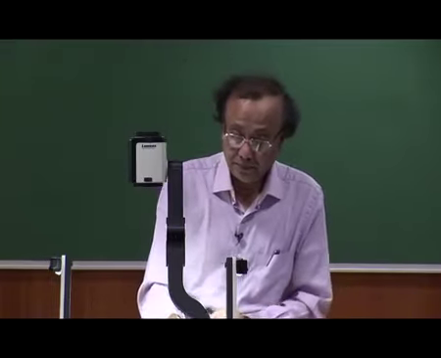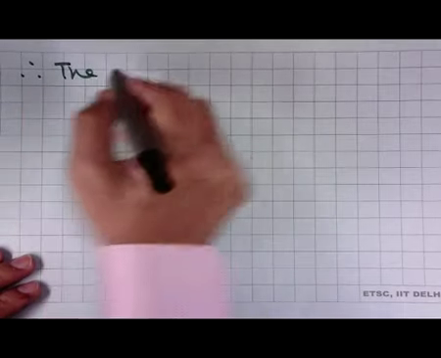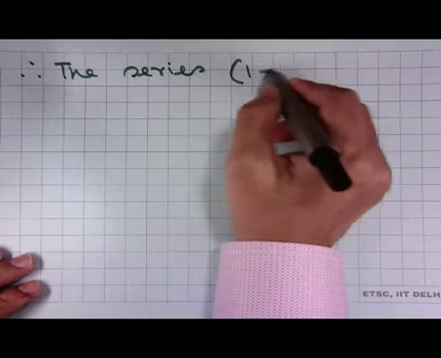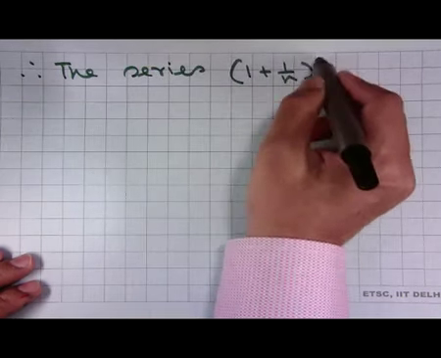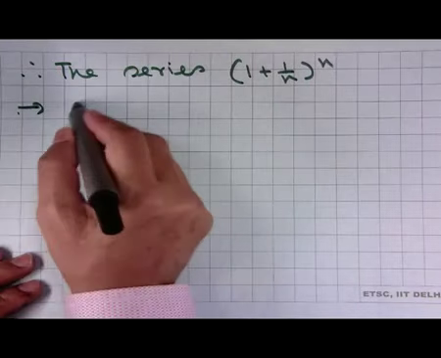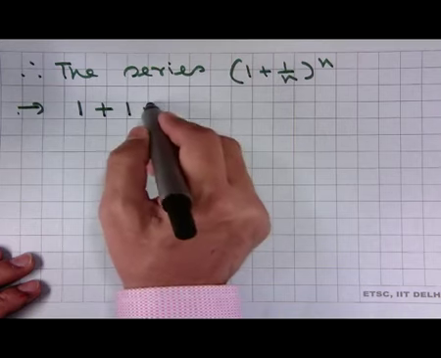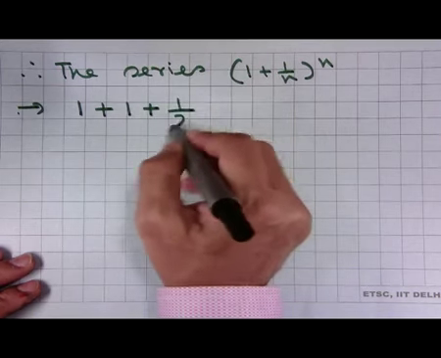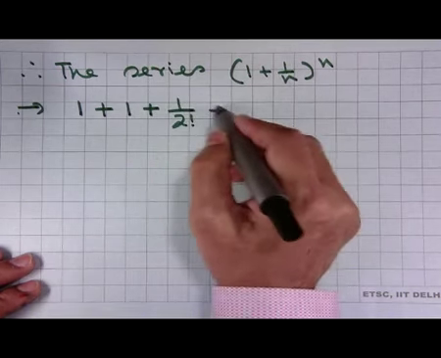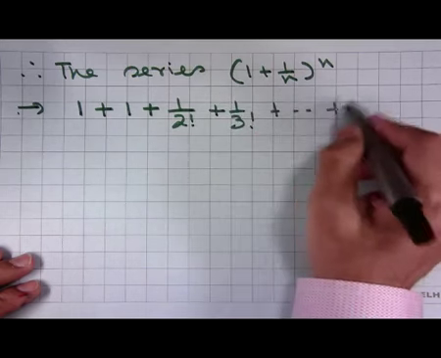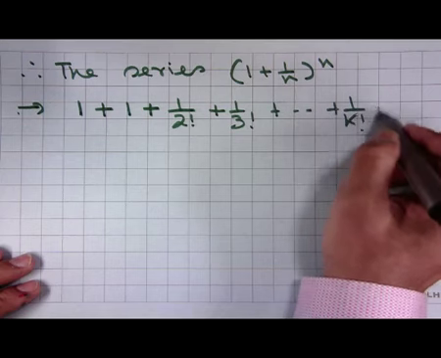Therefore, the series 1 plus 1 by n whole to the power n goes to 1 plus 1 plus 1 upon factorial 2 plus 1 upon factorial 3 and so on up to 1 upon factorial k.